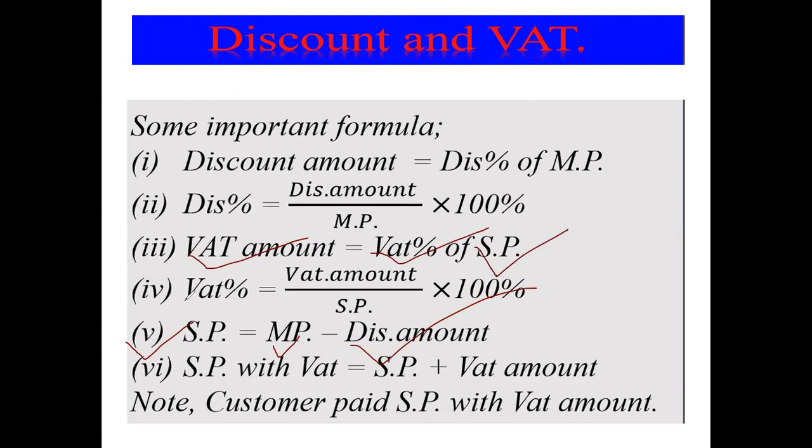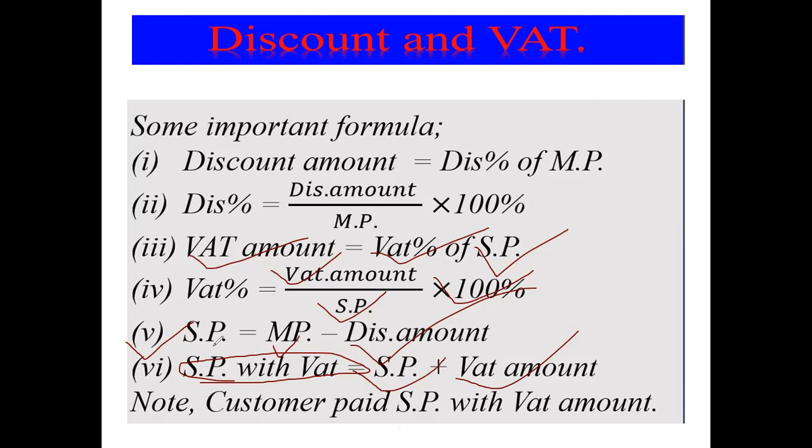And VAT percent is found by VAT amount by SP into 100%. And SP with VAT means SP plus VAT amount. The customer pays SP with the VAT amount.